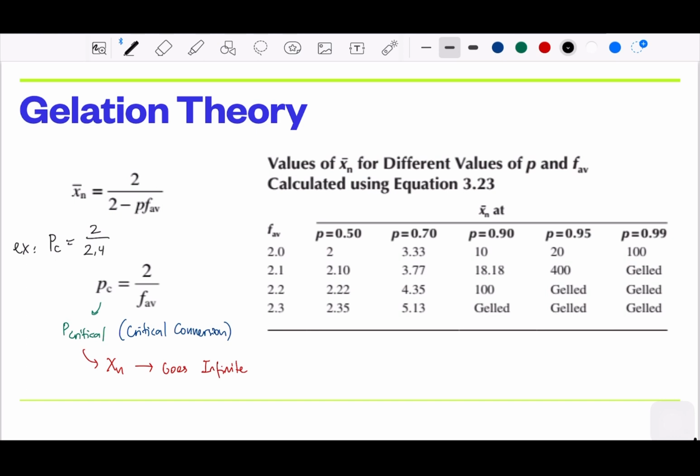If we take different values, if you look at the table, gel means it's going to connect all the network. So if xn goes infinite, it means that we are going to connect. So let's say this is the chain.